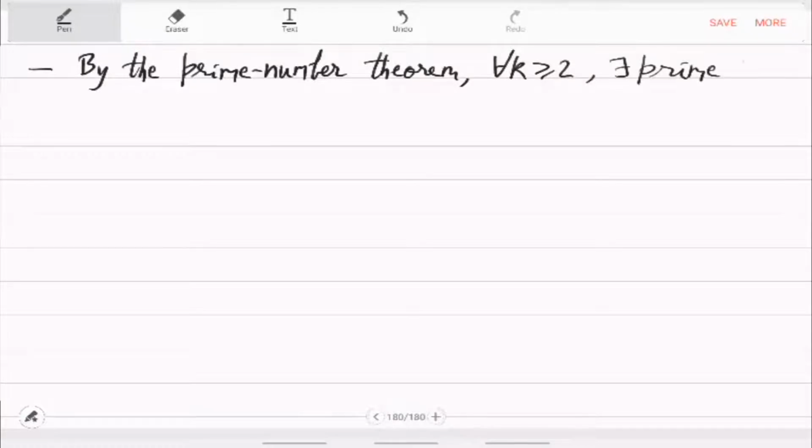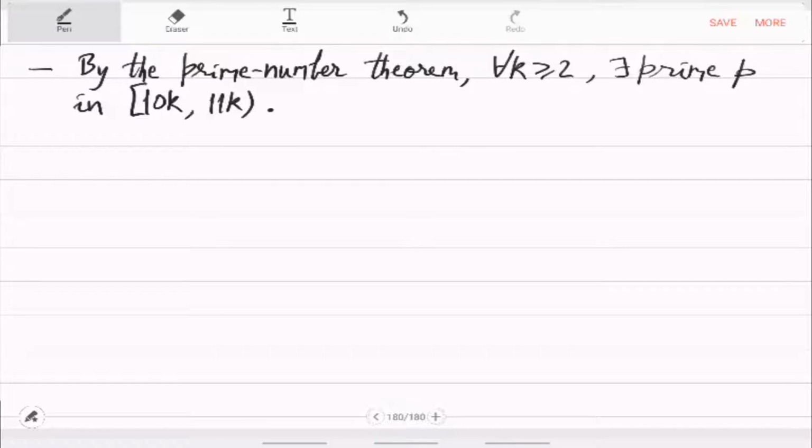In fact, no matter what k you pick, there exists a prime p in the interval 10k to 11k. Okay, there is always a prime between 10k and 11k.